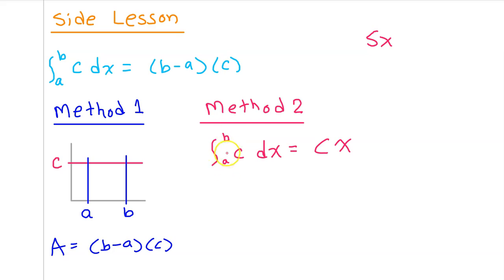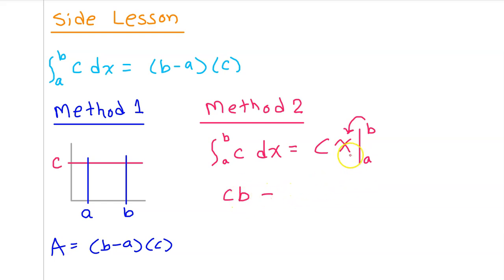However, this is a definite integral, so I'm going to add the limits of integration from a to b. To evaluate an antiderivative from a to b, you plug in the top minus plug in the bottom. So plugging in the top for x would be cb.